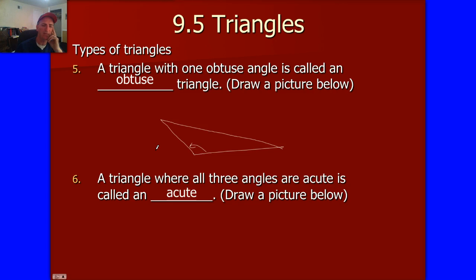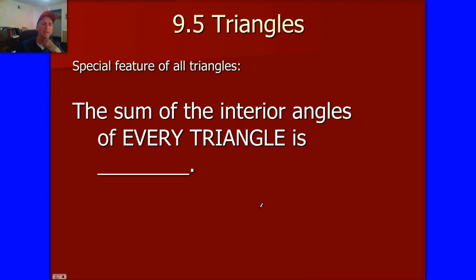And if all 3 angles are acute, or less than 90 degrees, that's called acute. Okay, and so you can draw your own acute triangle as you like. There. Okay? All 3 angles are less than 90 degrees there in an acute triangle.